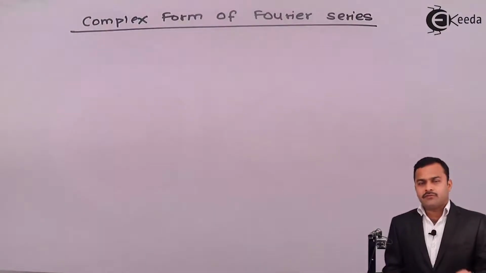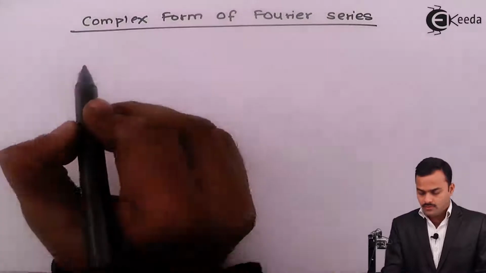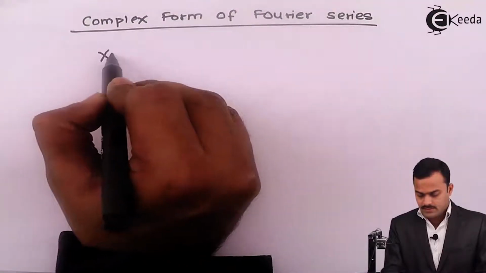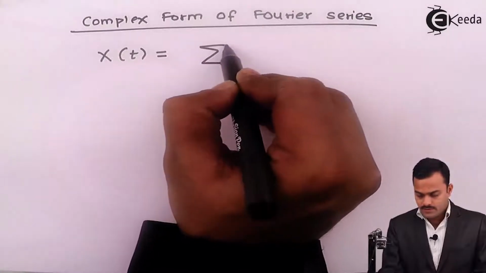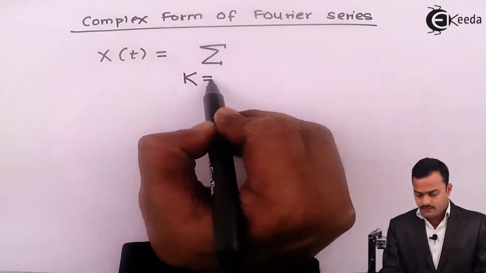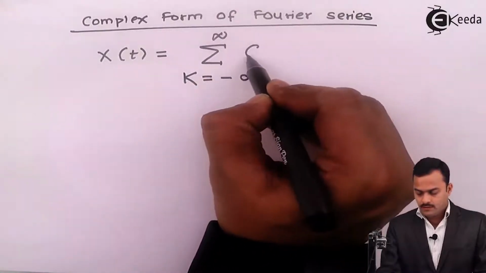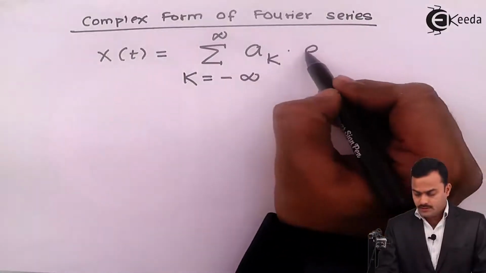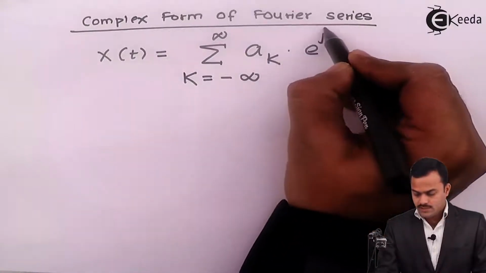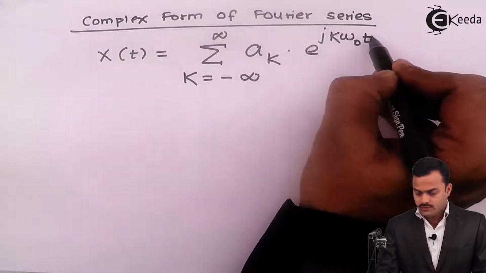So any signal x of t with a time period capital T can be represented in a complex form of a Fourier series in this manner. x of t equals summation k from minus infinity to infinity a suffix k, the Fourier series coefficient, e raised to j k omega 0 t.